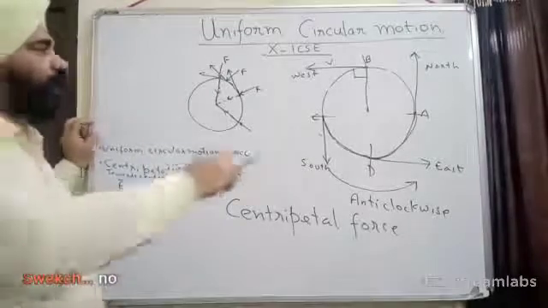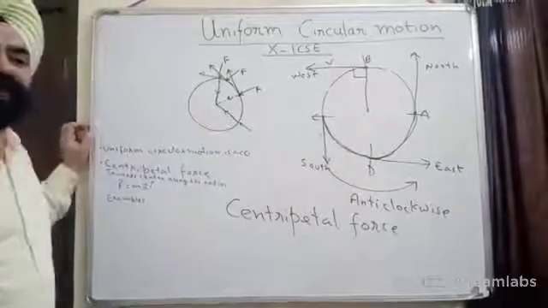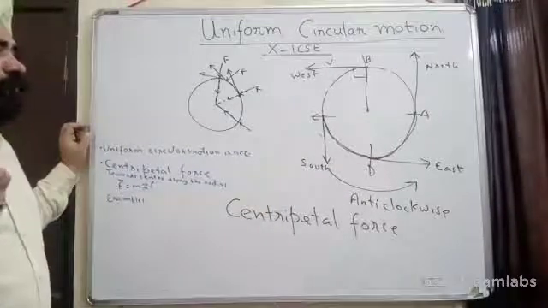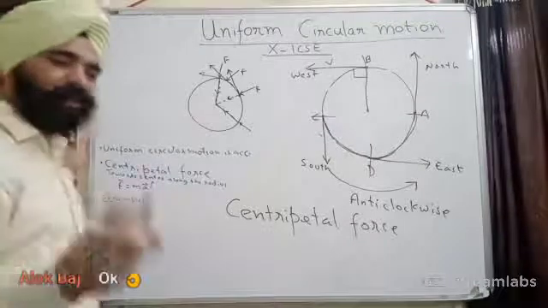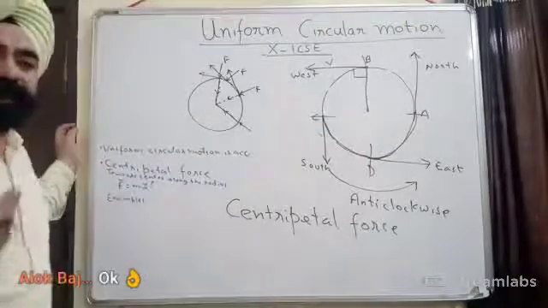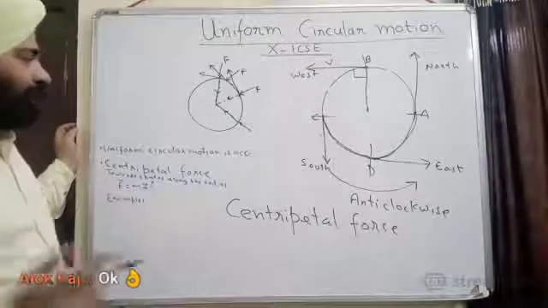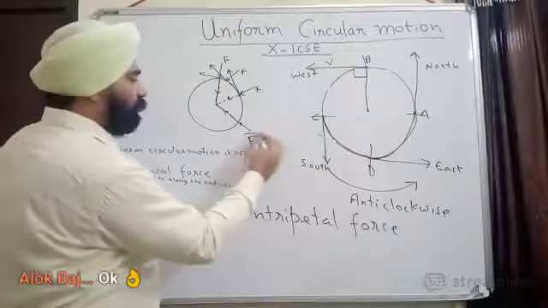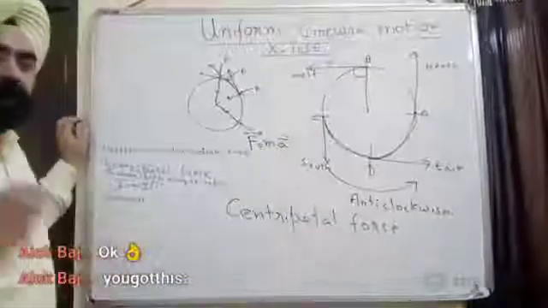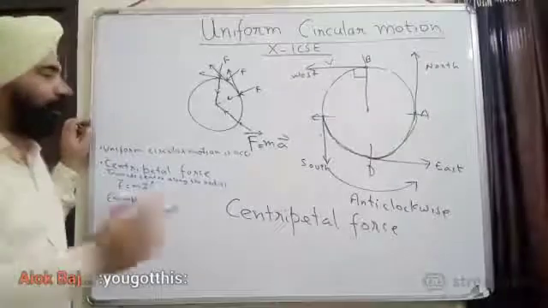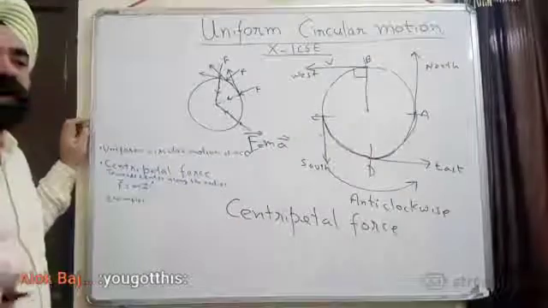So I can see that every instant the velocity's direction is changing. Got it? Now, second thing, I say that if velocity is changing, it means that this is accelerated motion. Then the third thing I say is that if it is accelerated, then we know that F is equal to m into a, which means if it is accelerated, I'm sure it has to have a force acting.